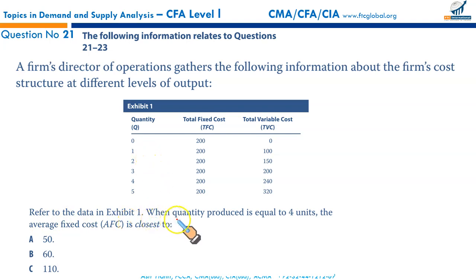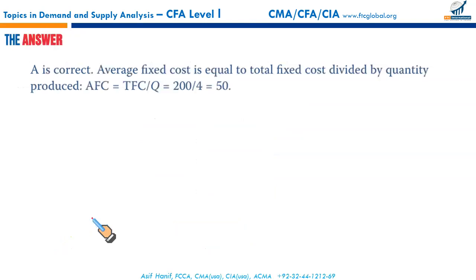When quantity produced is equal to 4 units, the average fixed cost is closest to... a fairly straightforward question. This is your total fixed cost, and this is the quantity. Simply divide 200 by 4, so it's going to be $50. That's your average fixed cost, and that matches with your option A. A is the right answer.